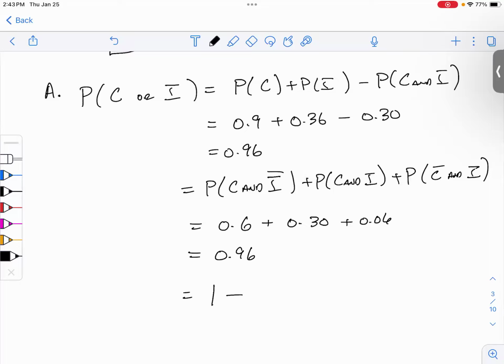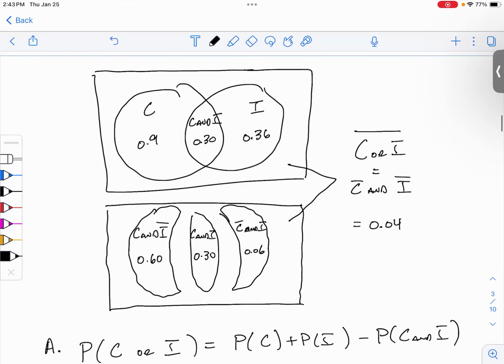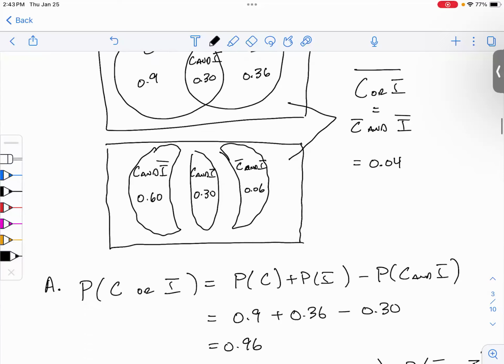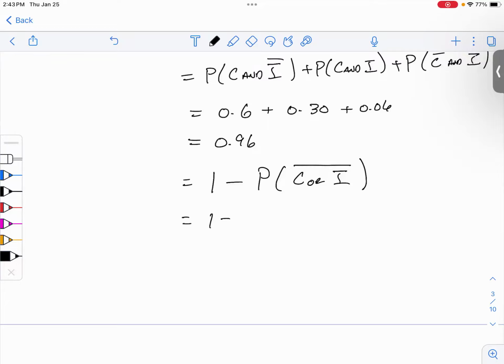What's the complement of one or the other? How about neither? And it means it's just one minus the outside that we found. And of course, that is 96 as well.